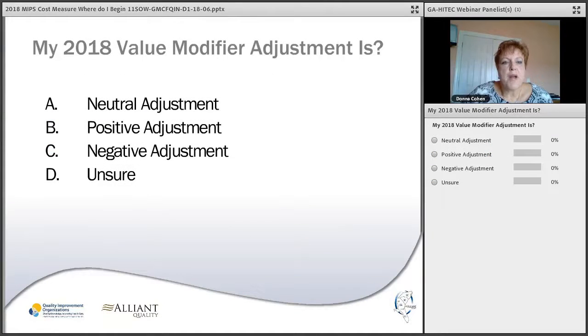So just to get a feel for how many of you have had a neutral, positive, or negative adjustment, or are you unsure? Thank you for participating. We've got 66% with a neutral adjustment and 20% with a positive adjustment, which is great news. And then we've got about 40% that is unsure about whether they have an adjustment or not.